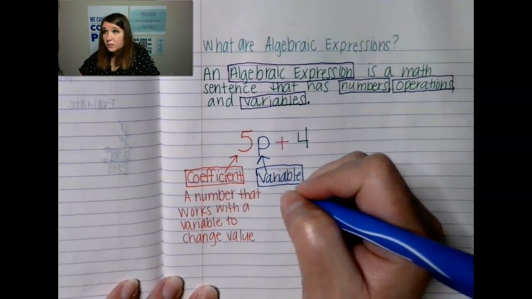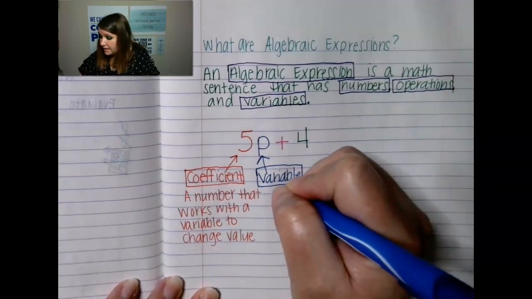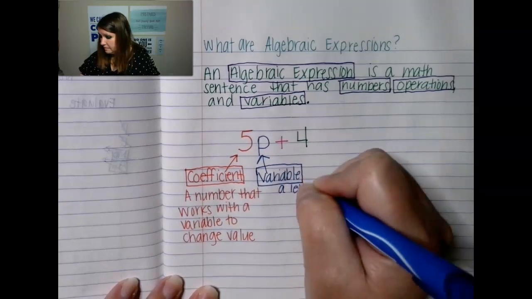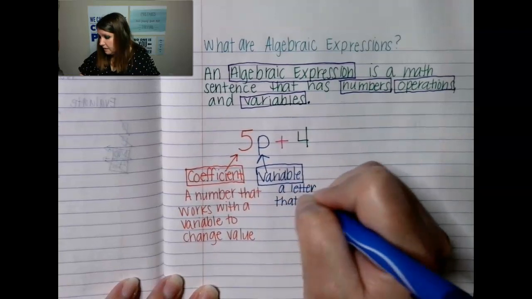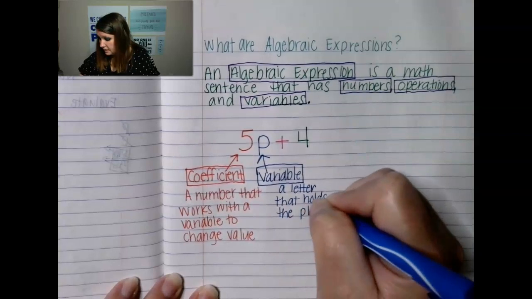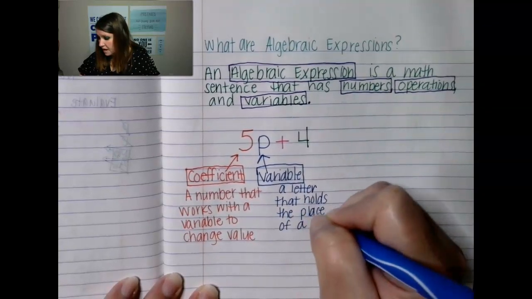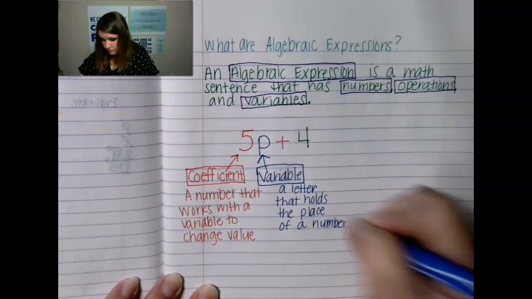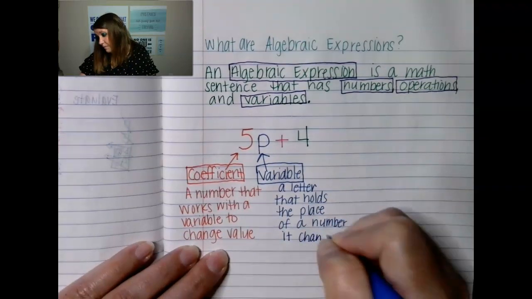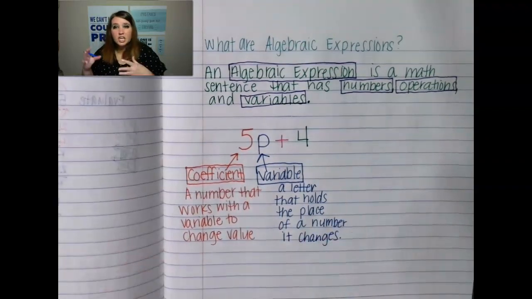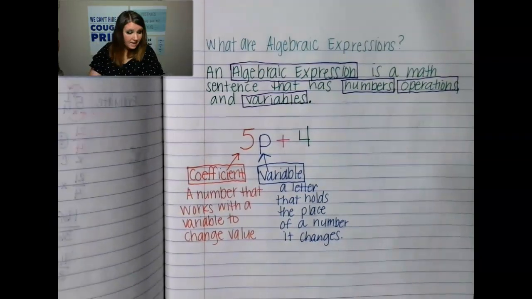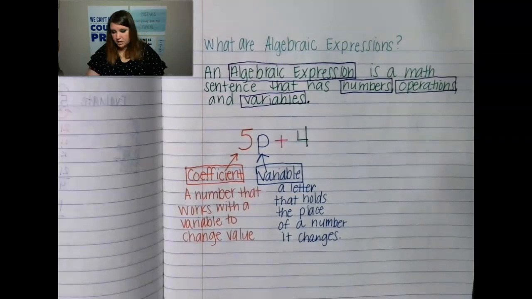A variable is a letter that holds the place of a number. It changes. It can change over and over again. It can be any number, it can be any value, and it will change.